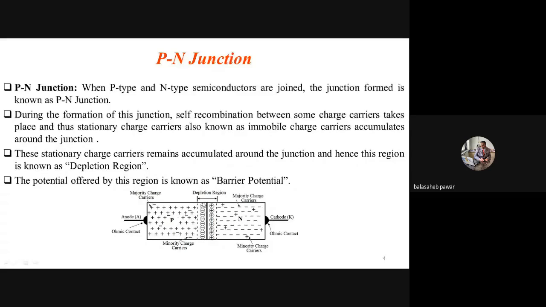They do not allow the remaining charge carriers to enter the opposite side. Is it okay? So the region where I showed the stationary, immobile charge carriers around the p-n junction is known as the depletion region.